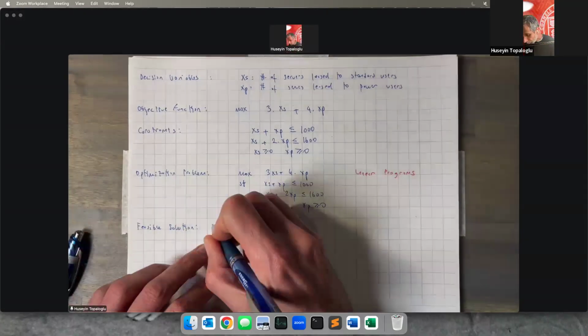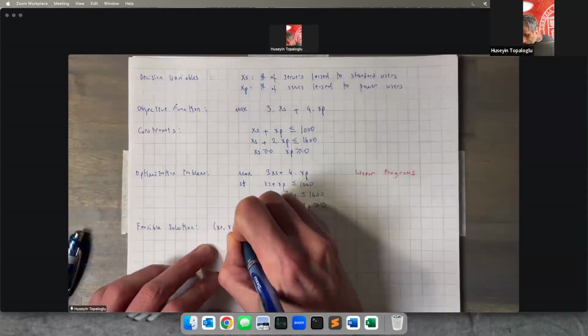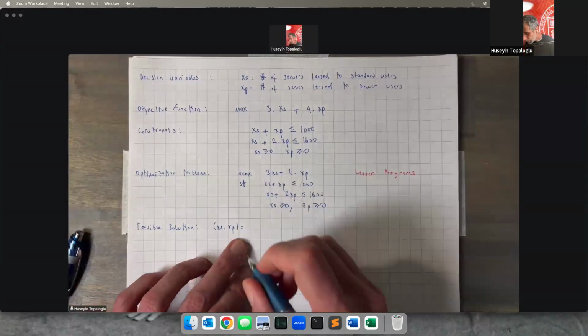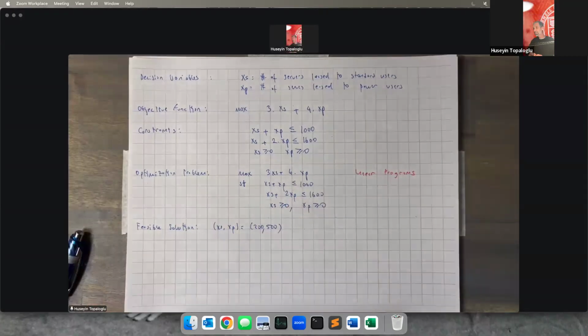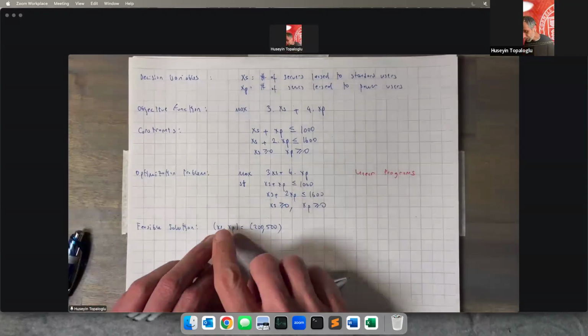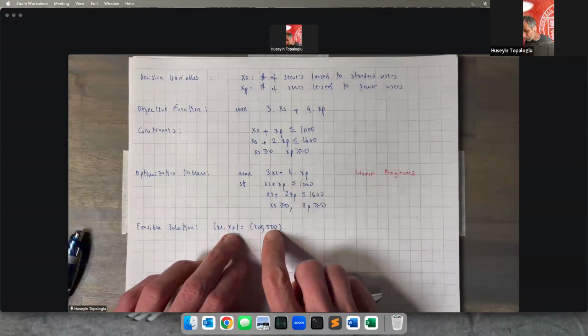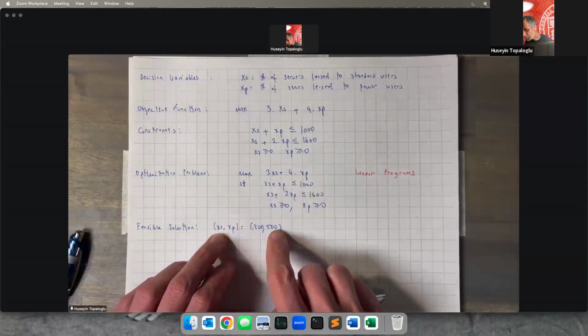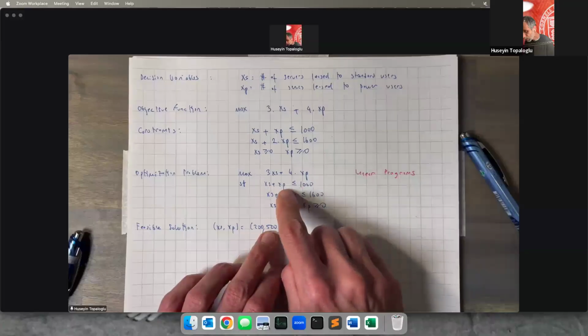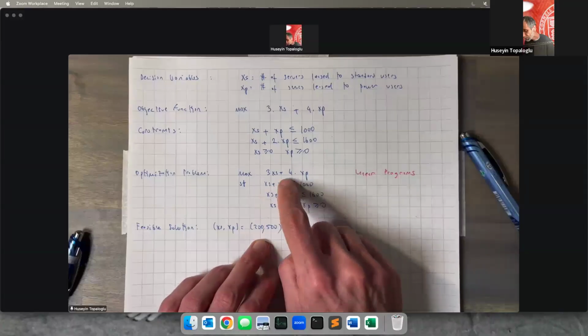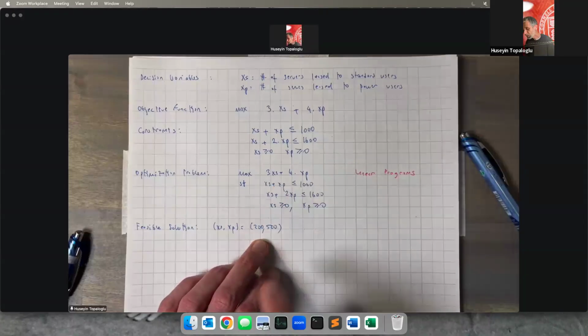Let's give an example of a feasible solution. For example, xs and xp given by 200 and 500. Does this xs, xp pair satisfy all of the constraints? xs is equal to 200, xp is equal to 500. 200 plus 500 is 700, and 700 is less than or equal to 1000.